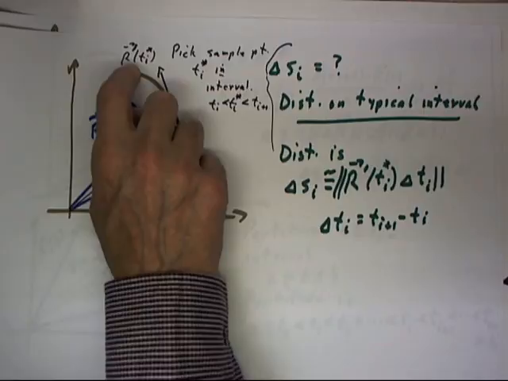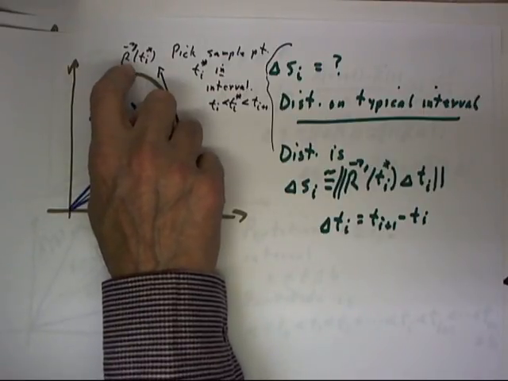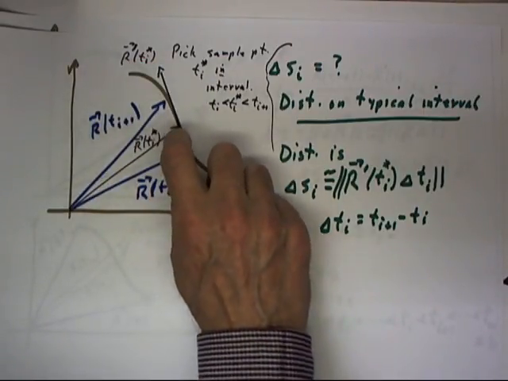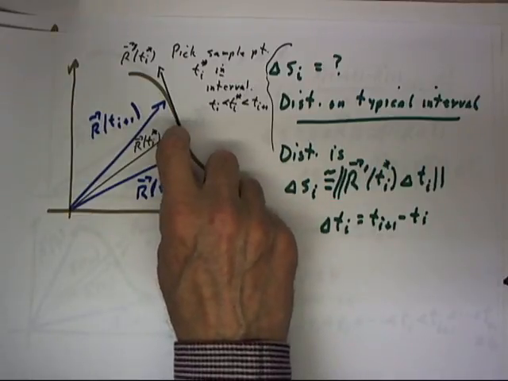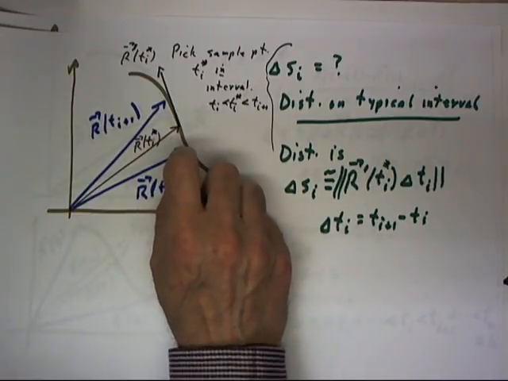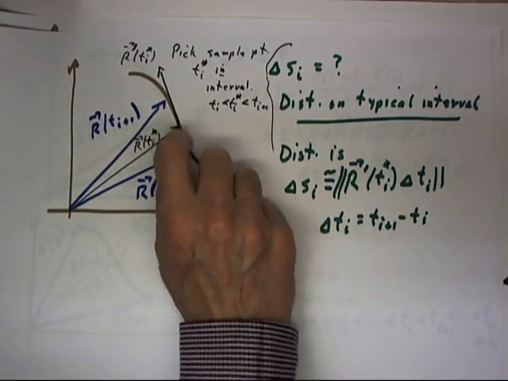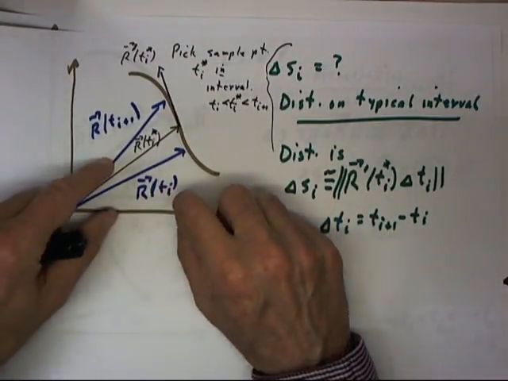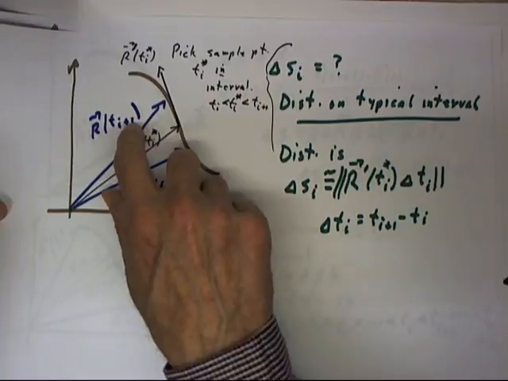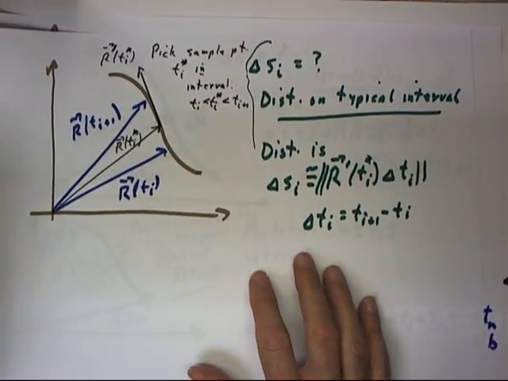In any case, this is the rate of change of the r vector with respect to t at this particular point, and we expect that rate of change to be very nearly the same for all points within a small t interval, from t sub i to t sub i plus 1.